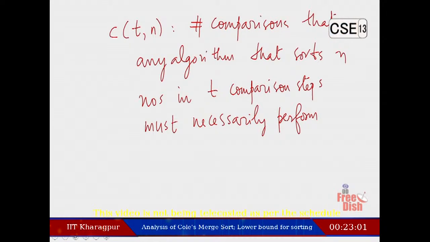C(T, n) is defined like this. Imagine an algorithm that sorts n numbers in T comparison steps. Then the number of comparisons that this algorithm must necessarily perform is what C(T, n) is. That is, the minimum number of comparisons that any such algorithm must perform is what C(T, n) is.